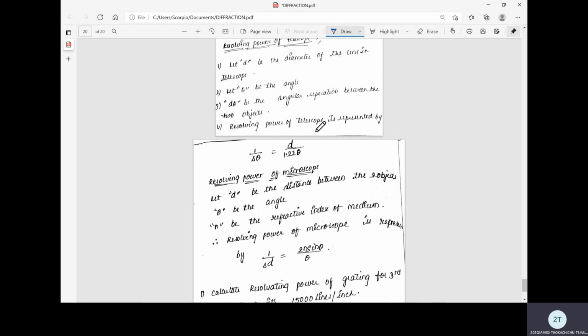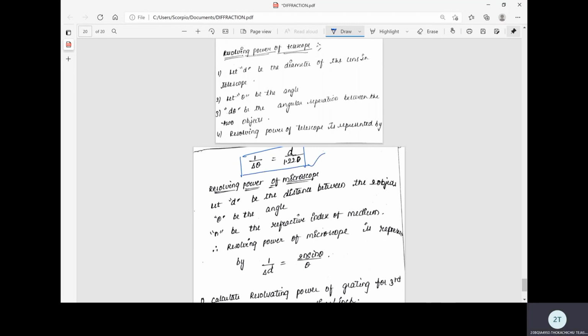Now, the resolving power of the telescope is simply represented by 1 by delta theta equals D by 1.22 lambda, which is a simple default equation for solving and getting different values of theta or delta theta or D for this particular equipment called a telescope.